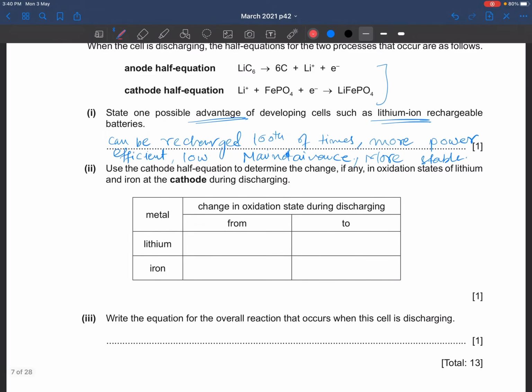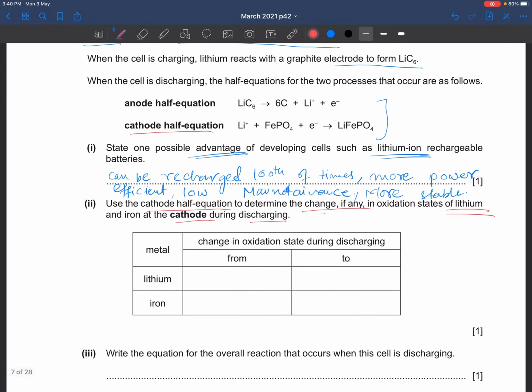Now use the cathode half equation, this one, to determine the change, if any, in oxidation states of lithium and iron at the cathode during discharging. In oxidation states, we have to find the change for lithium. Lithium before reaction at the cathode has a +1 charge.